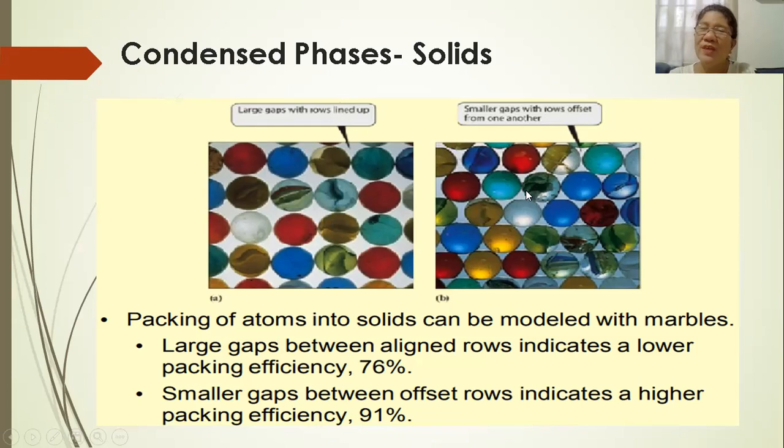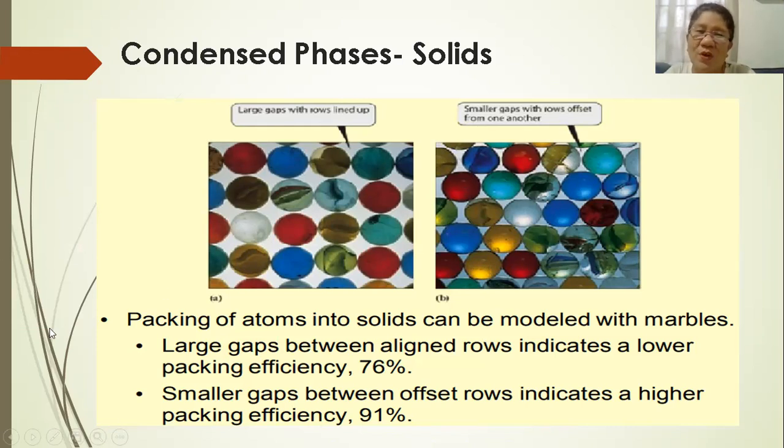If you look at this second one, in B, there are smaller gaps with the rows offset from one another. So here, there are smaller gaps. Looking into this, which do you think will have a higher packing efficiency? Of course, this one, the closer knit one with fewer gaps.